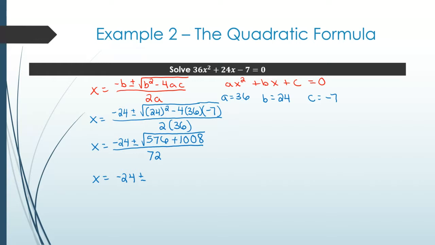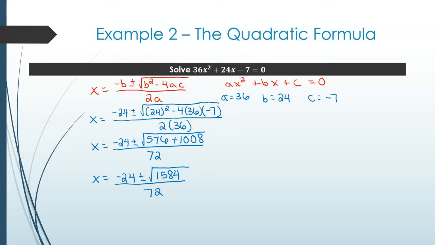So 576 plus 1008 gives us 1584 over 72. So now we want to take the square root of 1584. When I put that in my calculator, I get a decimal. Because I get a decimal, that means I need to simplify that radical instead of writing the decimal form.